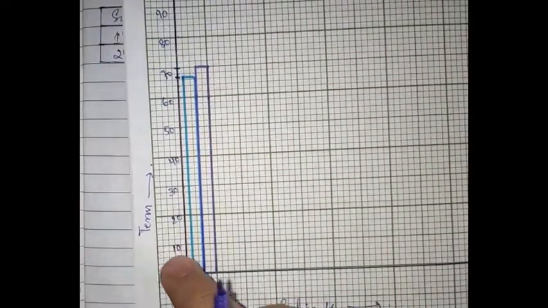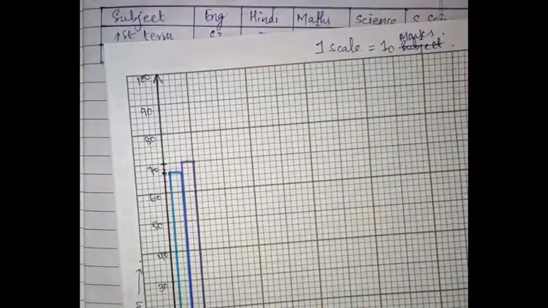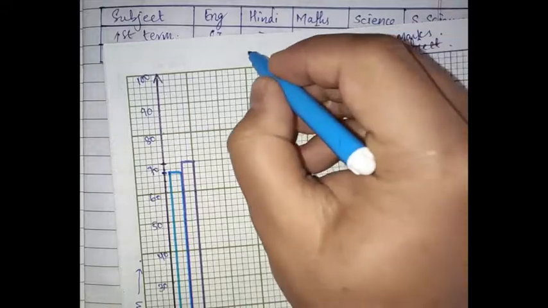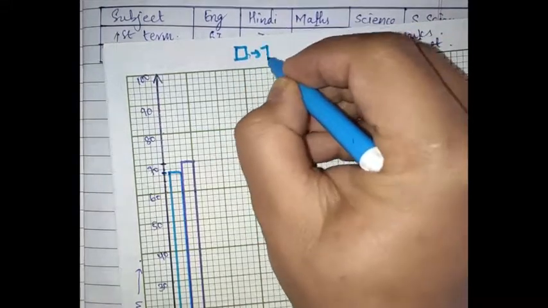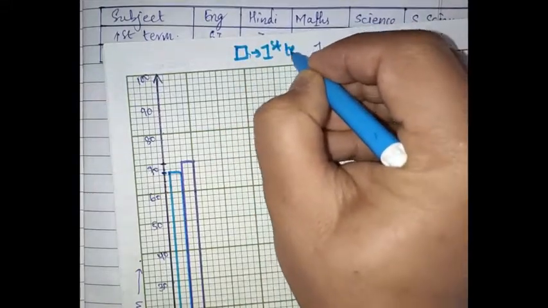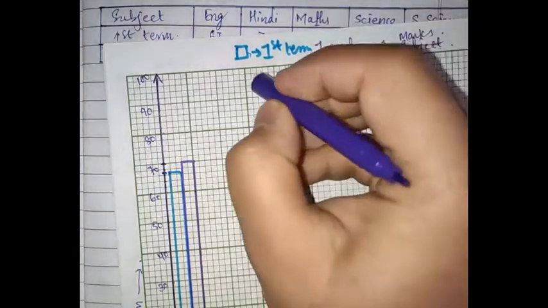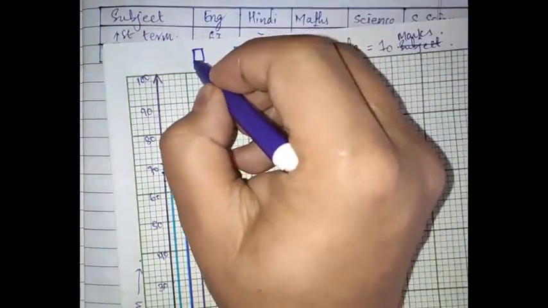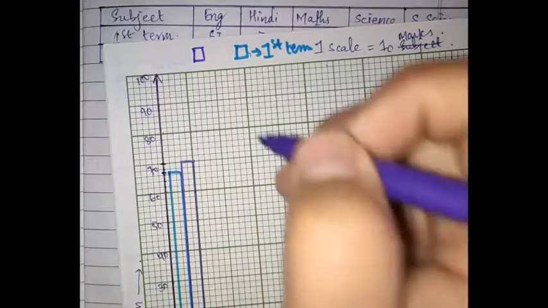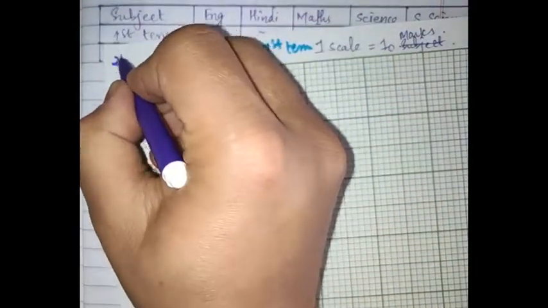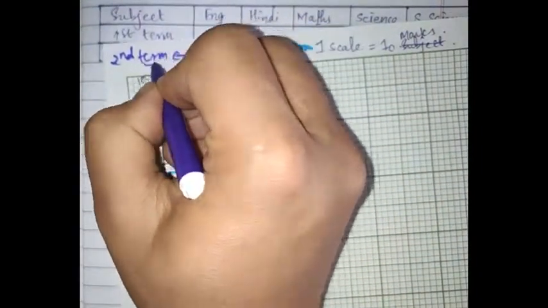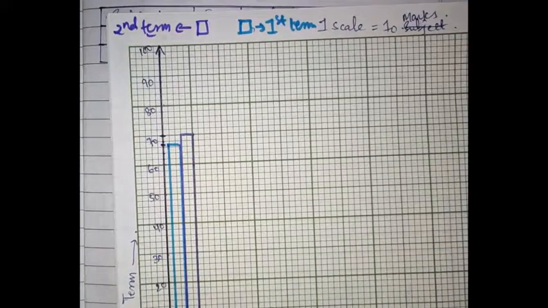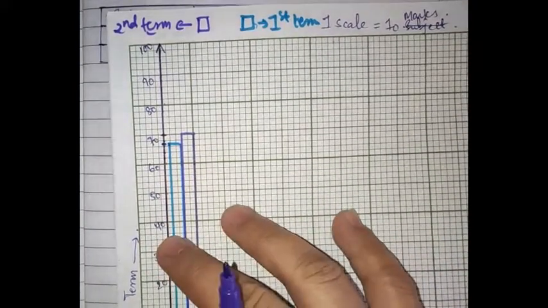This is representing the first term, so you have to write here, this will be representing your first term, and this will be representing the second term, so that it will be easy for you to understand the marks given in the terms.